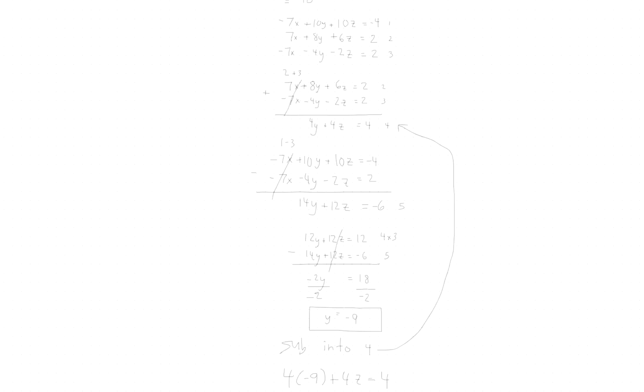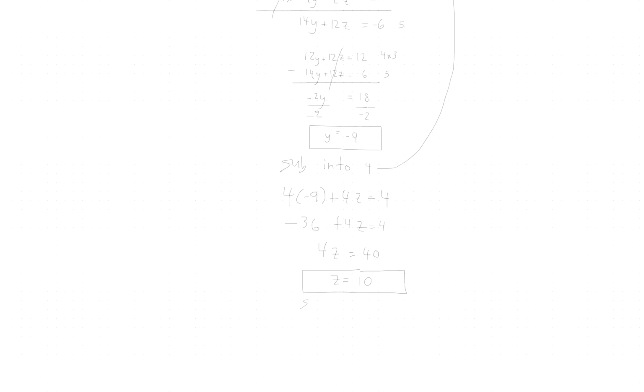Okay, so we have y, we have z. Now we're going to substitute z equals 10 and y equals -9 into equation 1 to solve for x. It's one more step. Equation 1 was -7x plus 10y plus 10z equals -4.